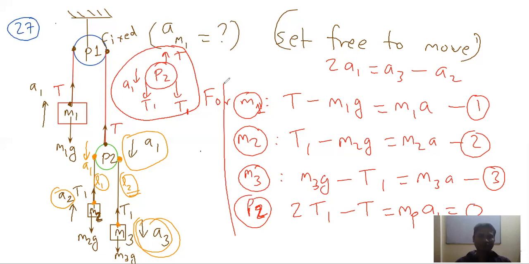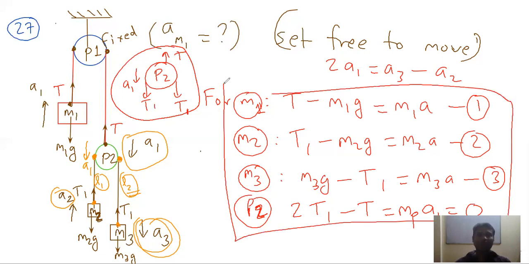So if I solve these four equations along with the equation for string constraint, I will get the value of acceleration A1. How will we solve? I'll just give you an idea; you can do it yourself. So M3g minus T1 is M3A3, and for M2 we have T1 minus M2g is M2A2.